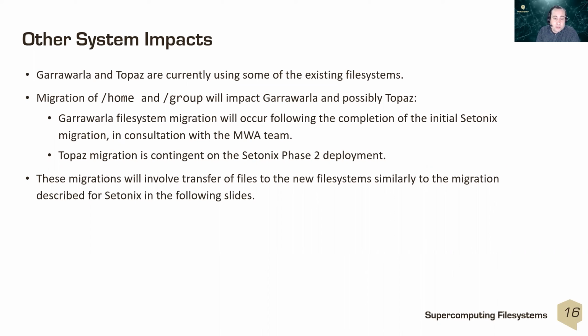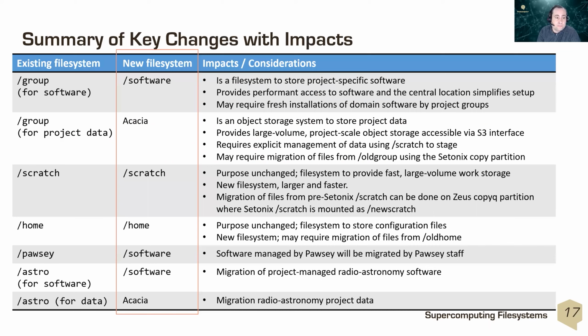And for Topaz, it will depend on the timing of the phase 2 deployment. So watch this space for when that will happen. In terms of how that migration will need to occur, it will involve the transfer of files to the new file system, similar to what we've been describing in this training session.